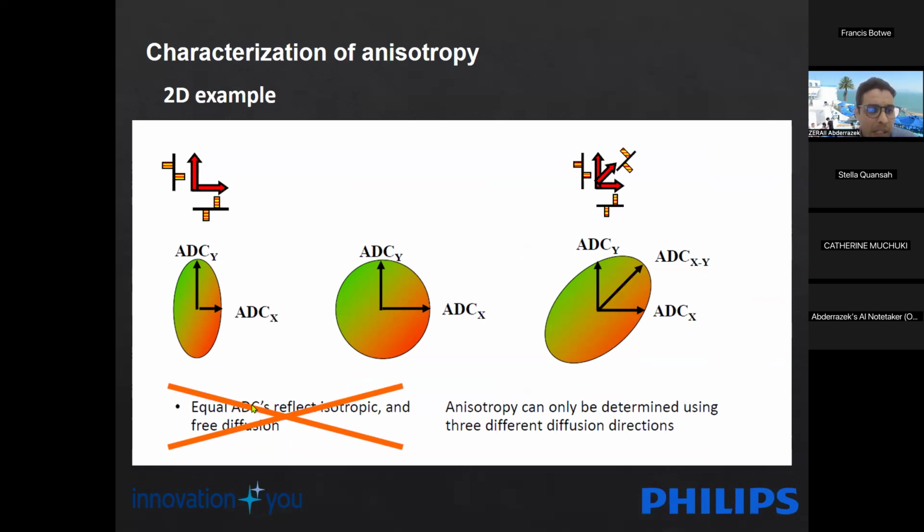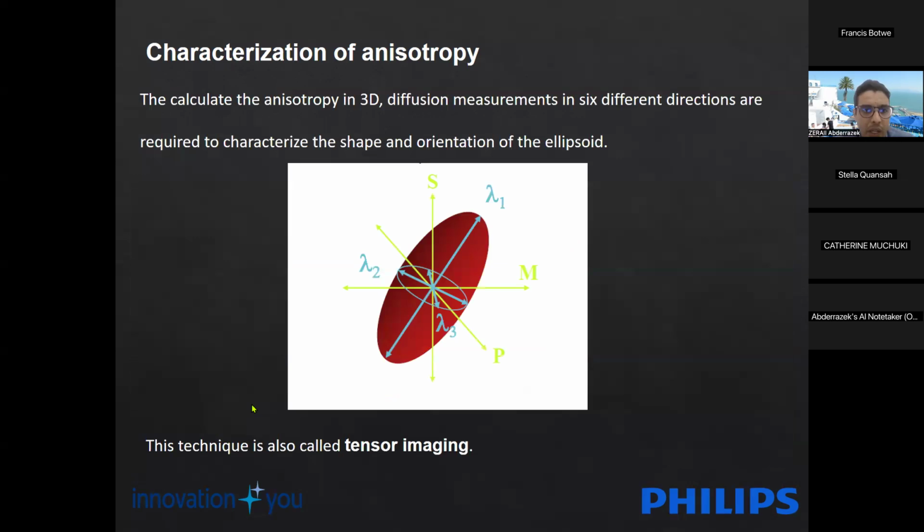Here we cannot talk about the ADC, which is a reconstruction that reflects anisotropic and free diffusion. Anisotropy can only be determined by using 3 different diffusion directions. To calculate the anisotropy in the 3D model, diffusion measurement in 6 different directions is required to characterize the shape and orientation of the ellipsoid.